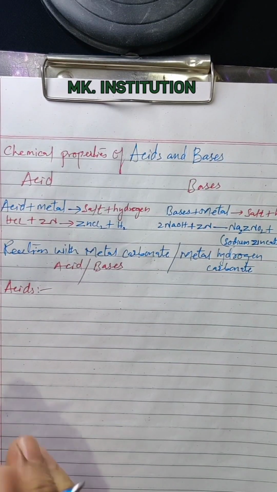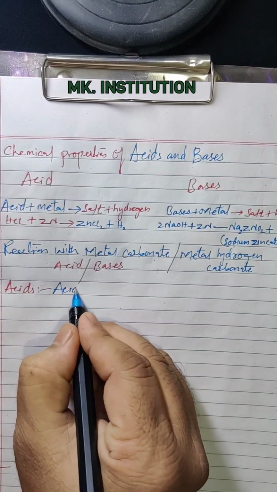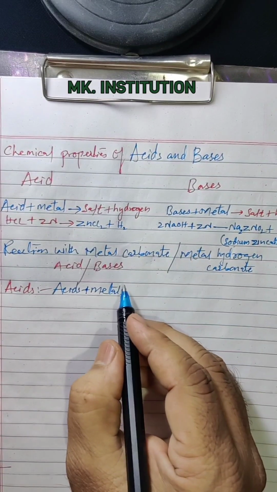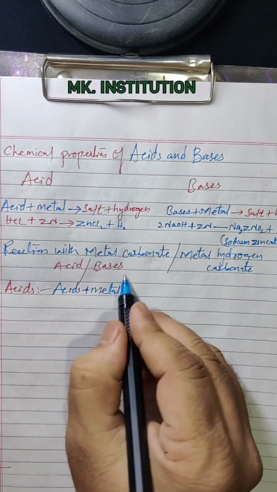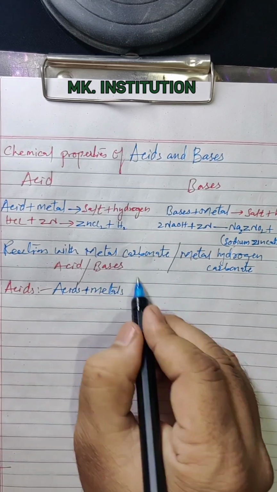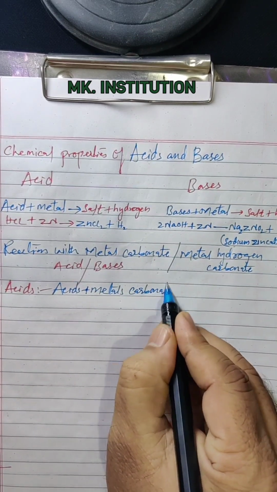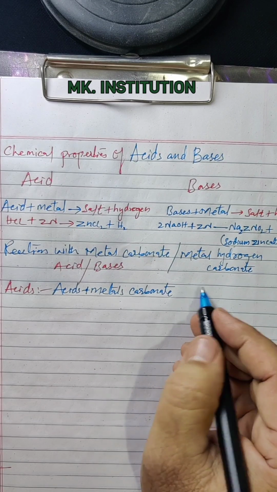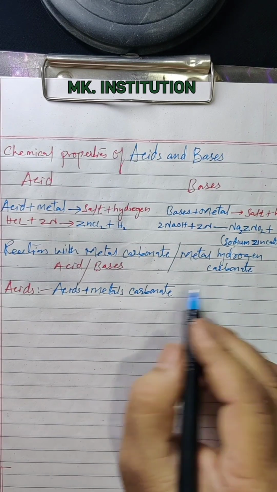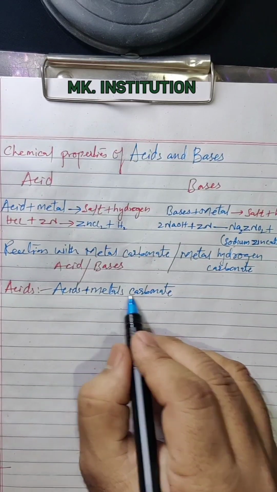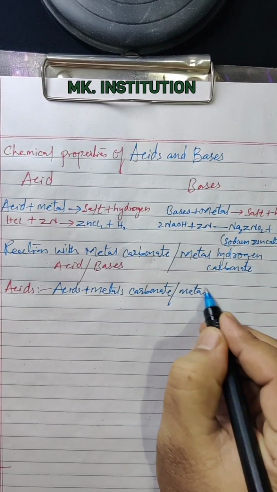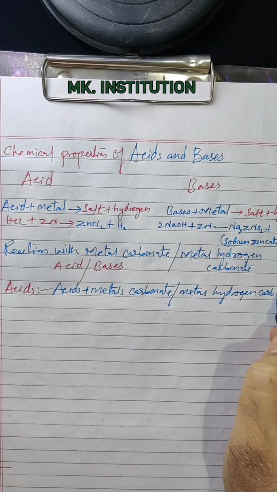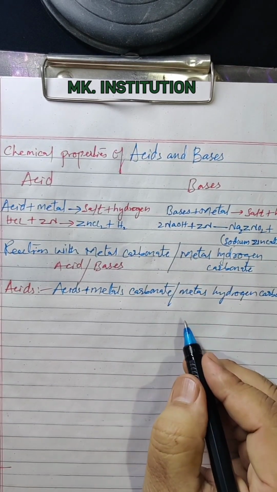The first one, the acids. When an acid reacts with a metal carbonate or metal hydrogen carbonate, what is formed?